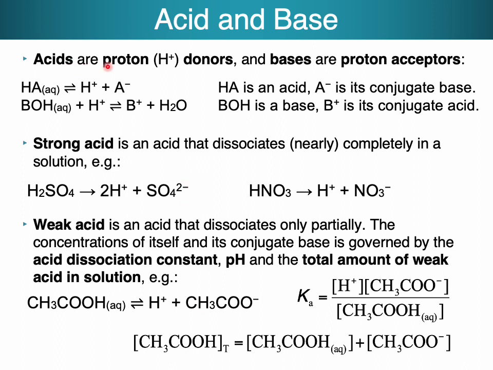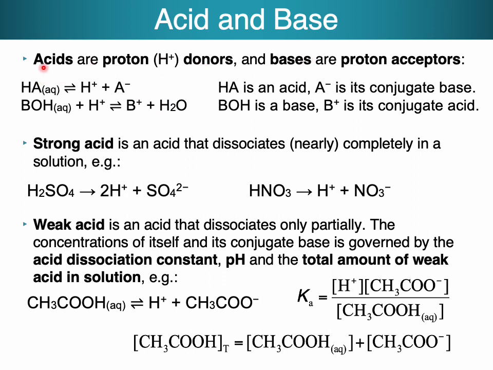Now, let's go deeper into acid-base chemistry. Acids are proton donors. They can react or dissociate to give protons to the solution, whereas bases are proton acceptors. For instance, BOH here can receive a proton to become B plus, forming water again.